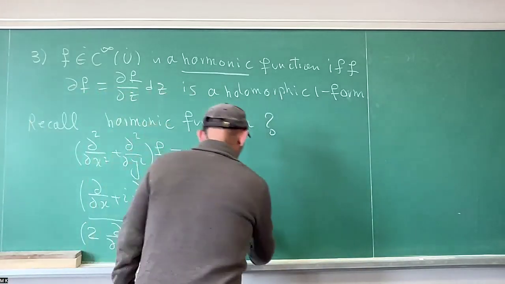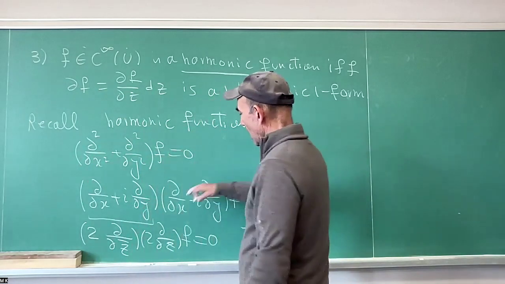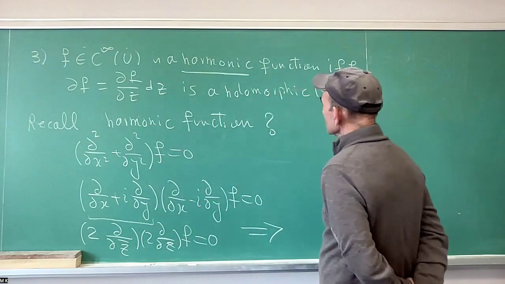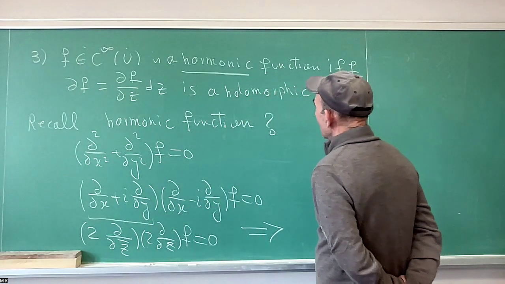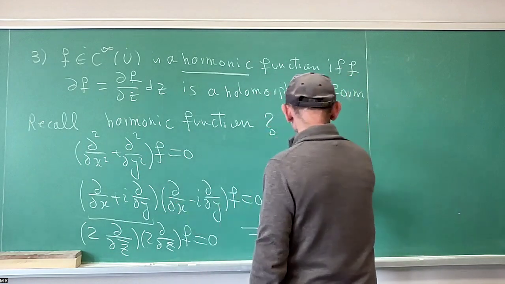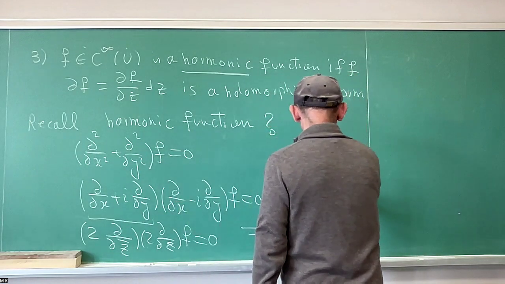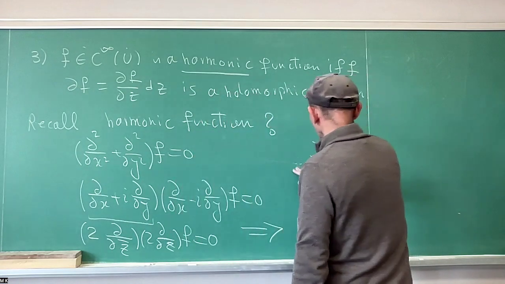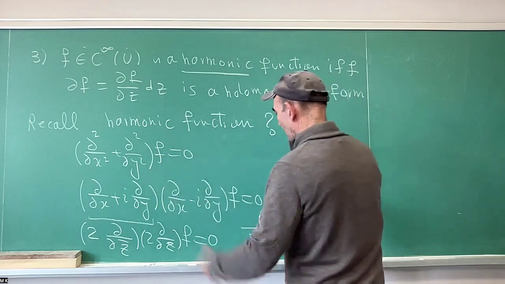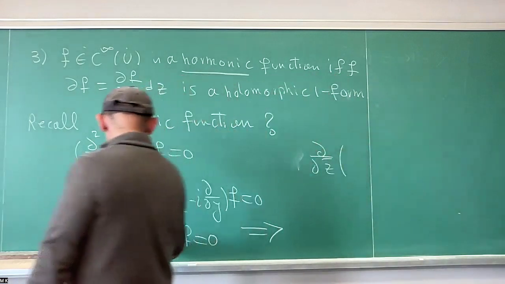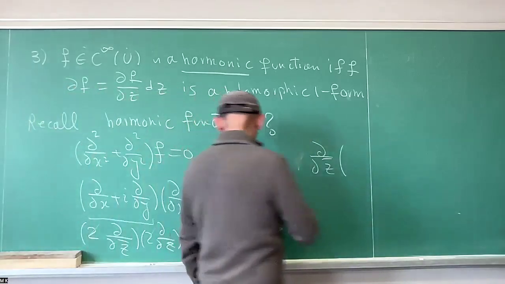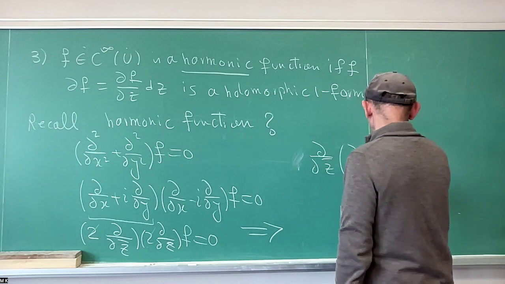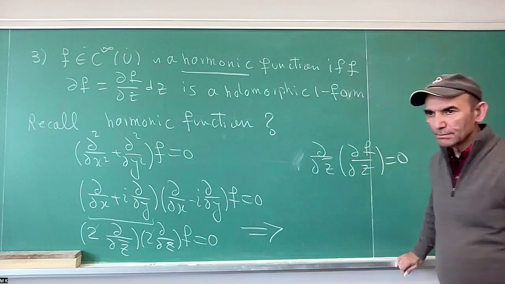So what does that mean? It means I can interpret this in the following form. If I take d/dz bar of df/dz, the constant factor cancels anyhow, so d/dz bar of df/dz is equal to 0.